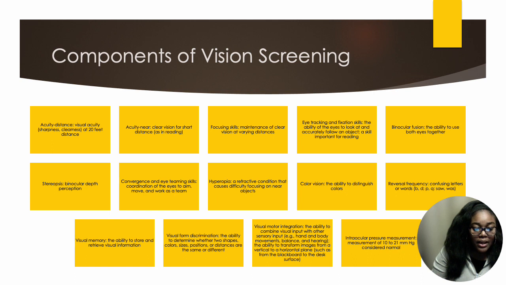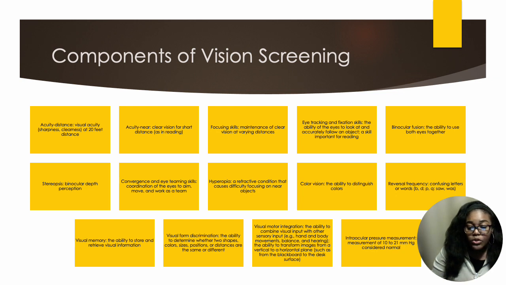Visual memory, are you able to look at something and actually retrieve and store that visual information from what you saw? They may look at your form discrimination, which is the ability to determine whether two shapes or sizes or positions are the same or different. So again, are you able to tell the difference between different pictures and images once presented?